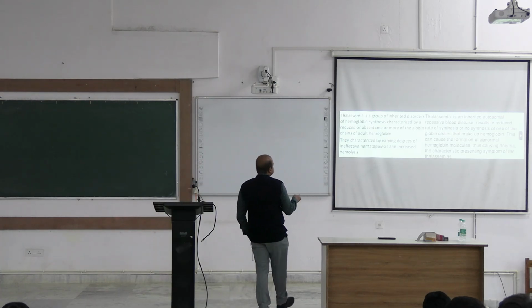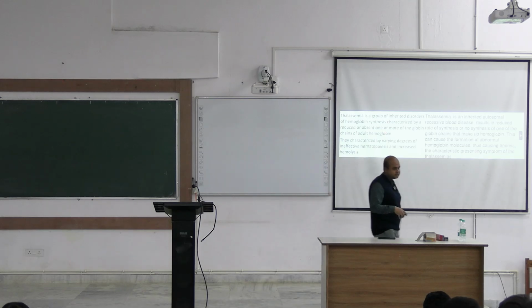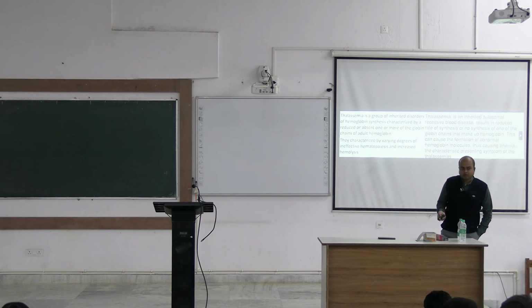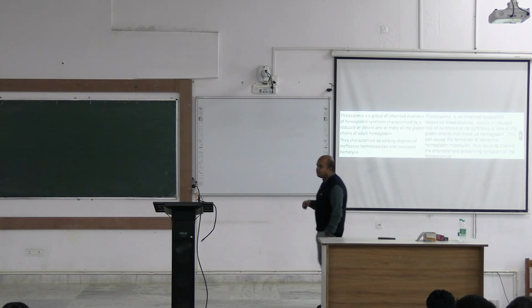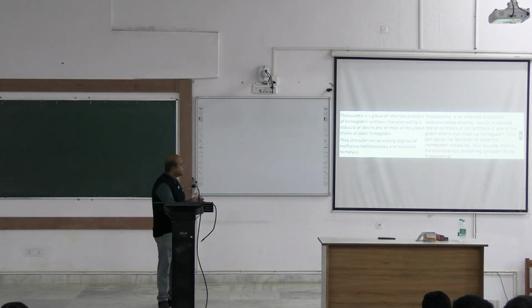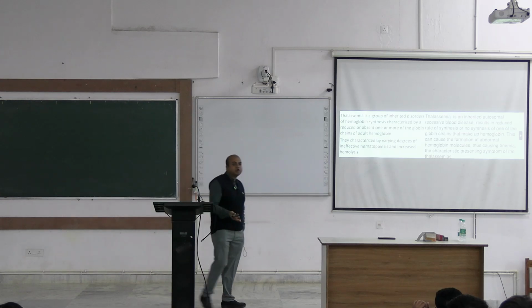It is a group of disorders characterized by reduced or absent synthesis of one or more of the globin chains, and the two classically known thalassemias are alpha and beta. Which of the globin chains are absent, which are present, these are alpha and beta thalassemia, the most known. The globin chains that are present may be normal, but there is reduced synthesis or absence of one or more chains.